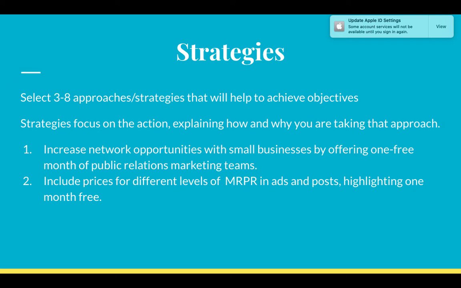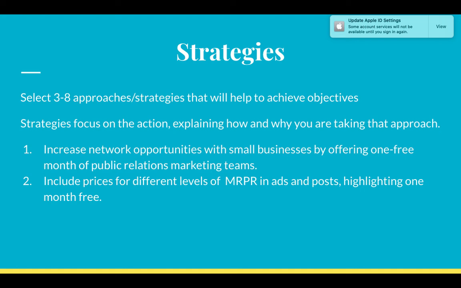So if the objectives are twofold, and you have one for the company and one for the client, or one for the business and one for the department, one for the social media outlook and one for the company as a whole, the strategies are going to match those. You want to make sure that everything is kind of full circle, right? The strategies will focus on the action, and they're going to explain how and why you are taking that approach.